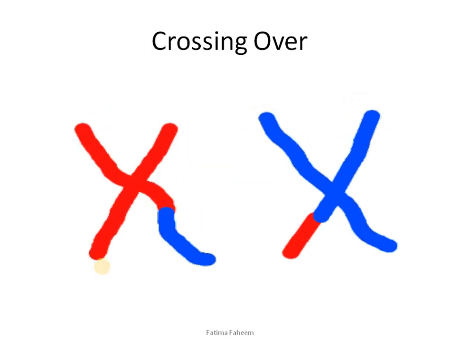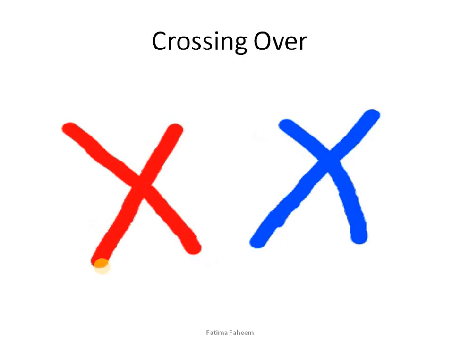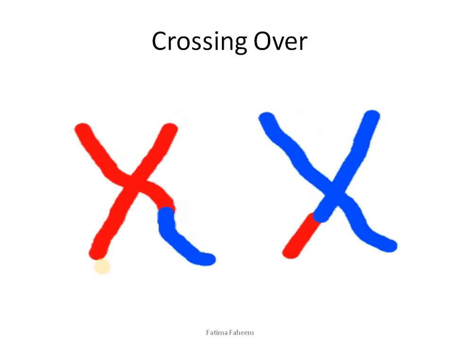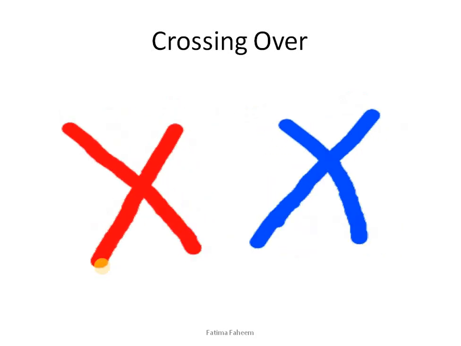This is a very common process to understand which happens in meiosis. This is called crossing over. What happens in crossing over is that the male and female chromosomes overlap or cross over each other. Not only do they cross over each other, they also exchange some genetic material.